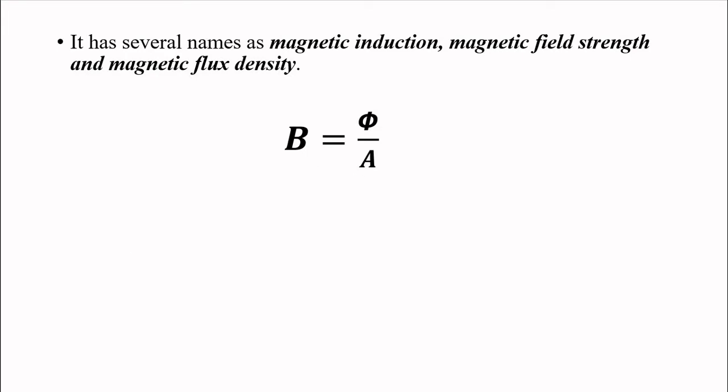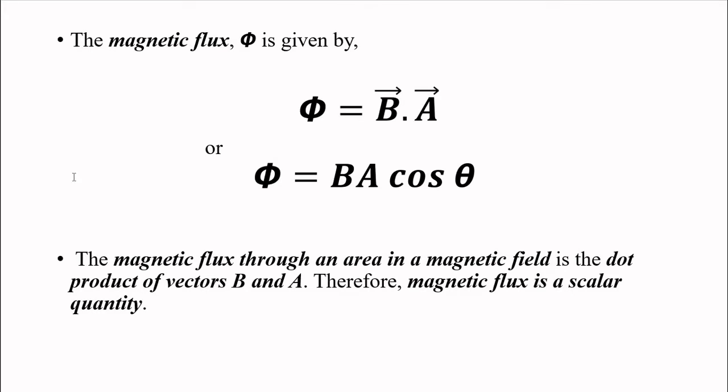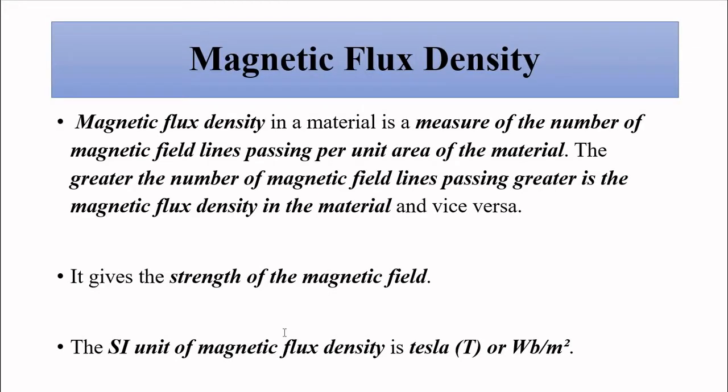So this is the relationship between magnetic flux and magnetic flux density. The SI unit of magnetic flux density is Tesla or Weber per meter square, where the SI unit of magnetic flux is Weber. So this is magnetic flux density. We have already covered it, that's why I am not going into detail about it.